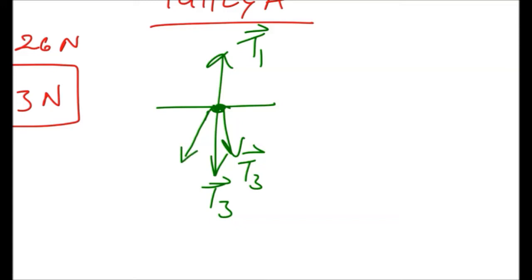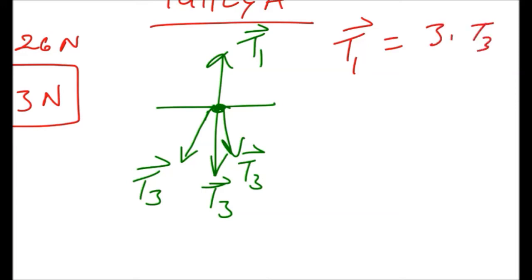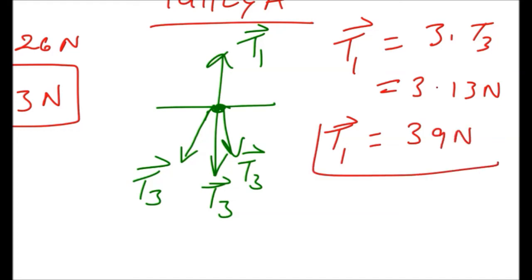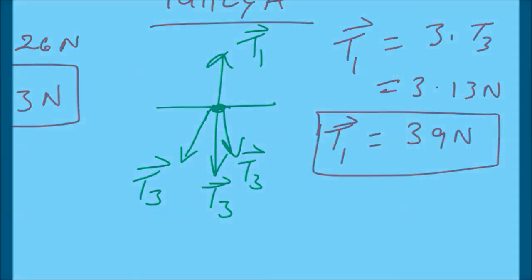It's also 13, so I'm going to rename it T3 also, okay? So is that top pulley moving? No, so what do we know? They're equal, so that means that T1 is equal to 3 times T3, which means it's equal to 3 times 13 newtons, which means T1 is equal to? I know. Look at how awesome we are.